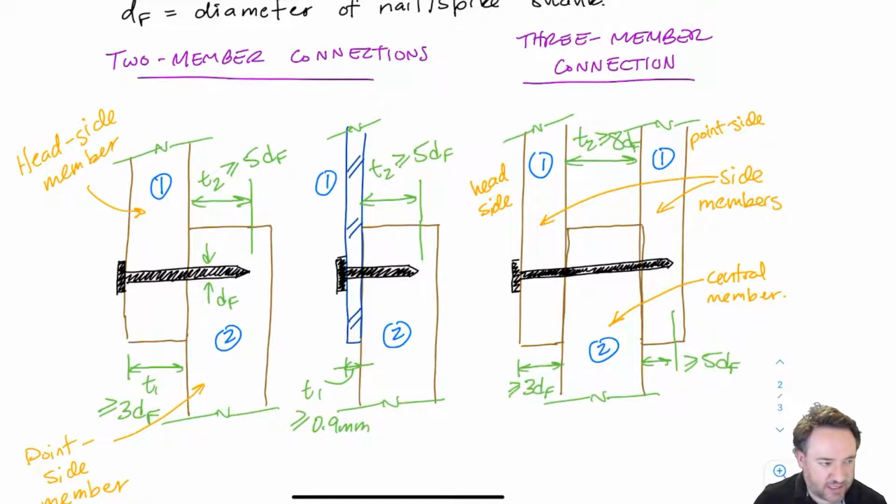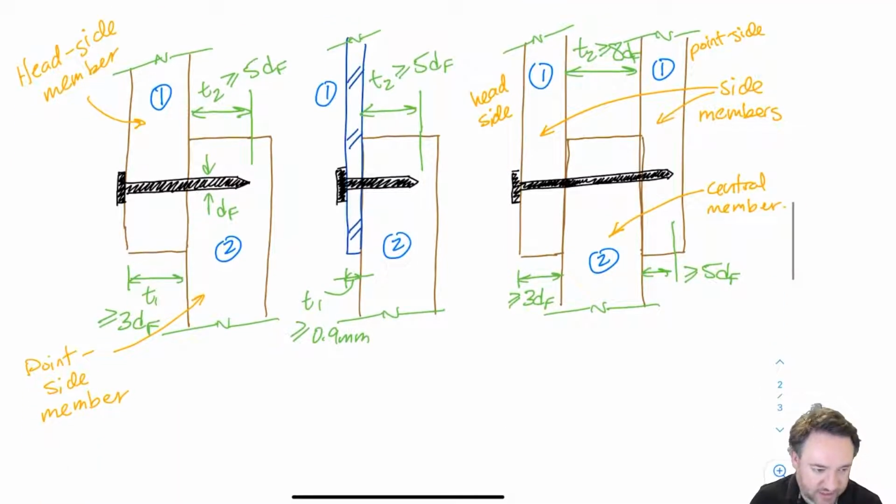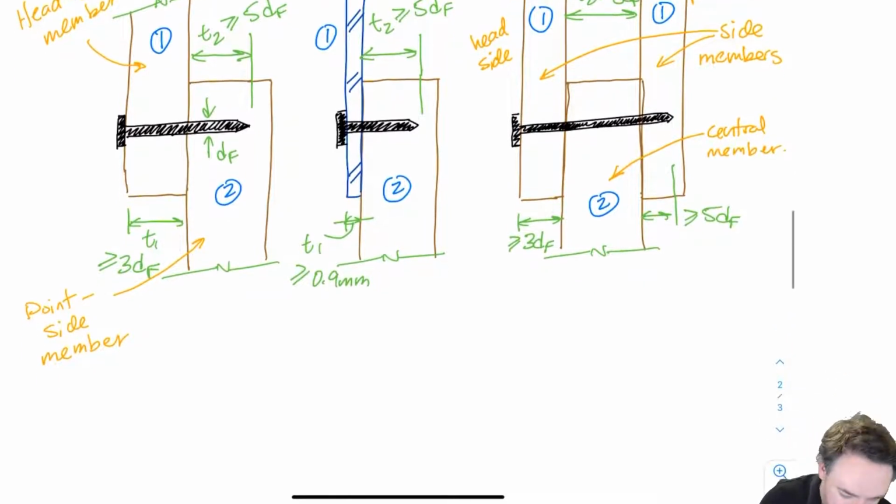There is a less stringent requirement if I'm talking about OSB or glulam.